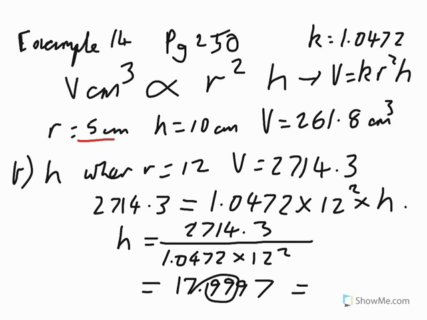Got to round these ones up because that one there's a 9. So that goes to 10, of course, which adds 1 to there, which goes to 10, which then adds 1 to there. So we get 18.00 centimetres to 2 decimal places.